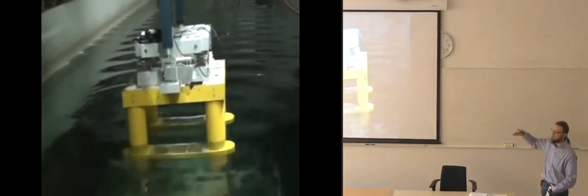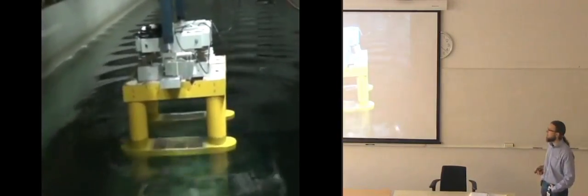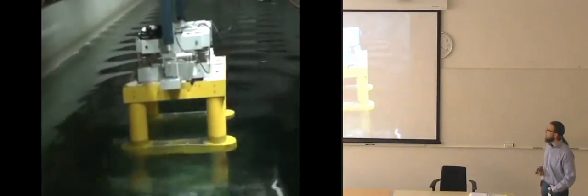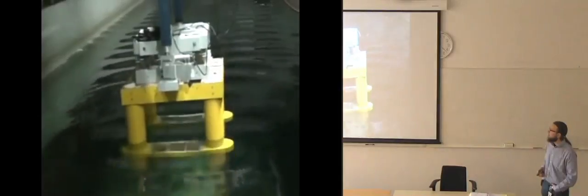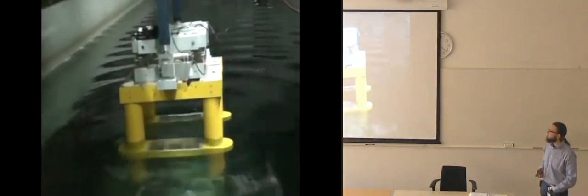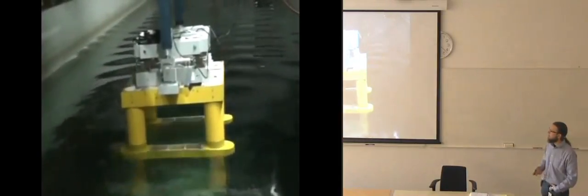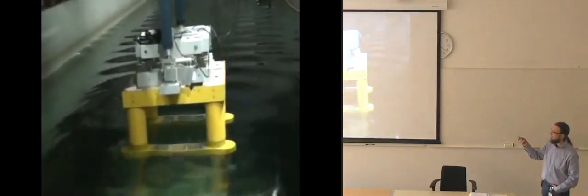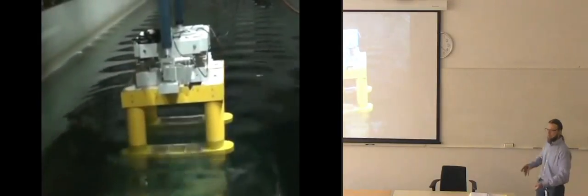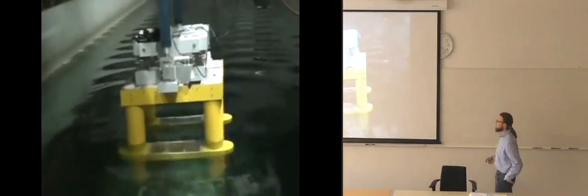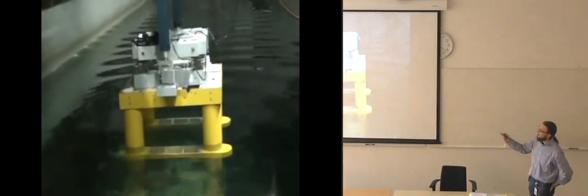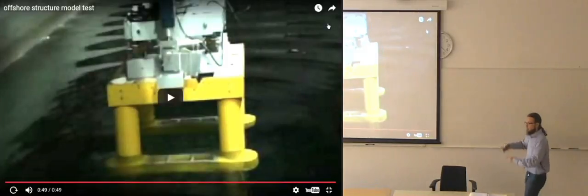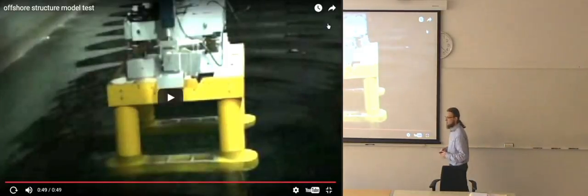This would be a smaller tank that they're doing it in, so they have to move the vessel itself, or the model of the vessel. By reading off the values on these pistons, they can get the resistance from it, so they get pretty accurate values. But the only thing they get there is the heave motion, just straight up and down motion. They are not getting anything more than that.